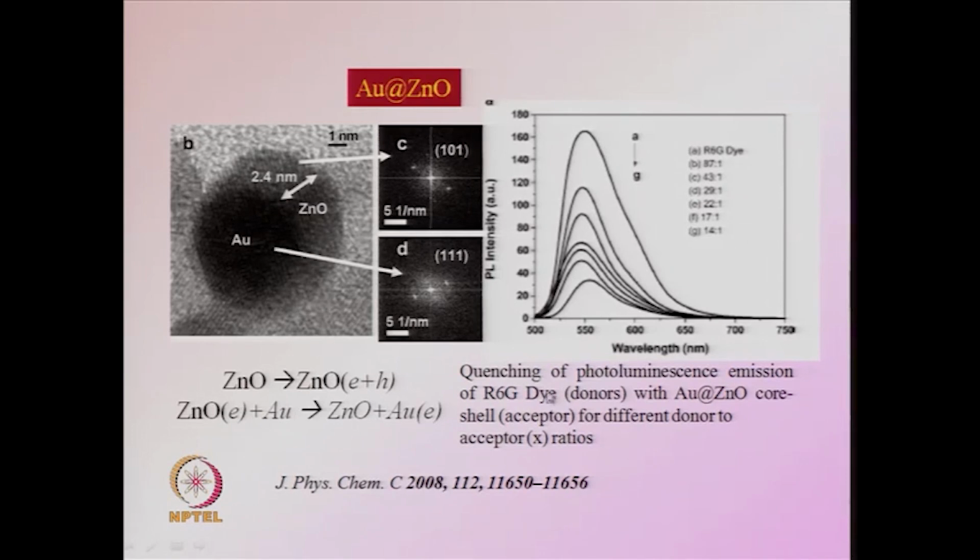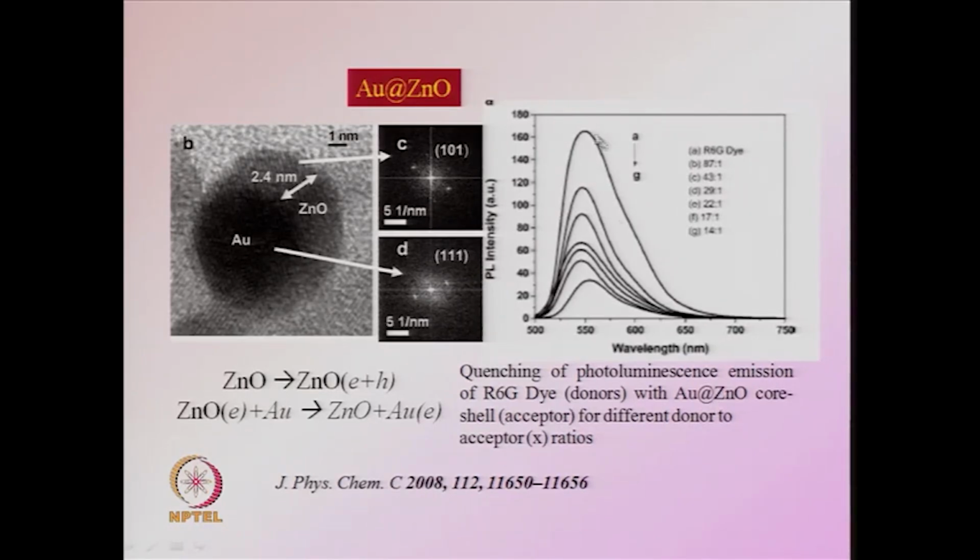So, electrons from the dye, which act as donors, will be transferred to the zinc oxide shell, which acts as the acceptor, and the intensity of the photoluminescence will go down, because the electrons which were supposed to be emitted are now getting transferred onto the zinc oxide shell.